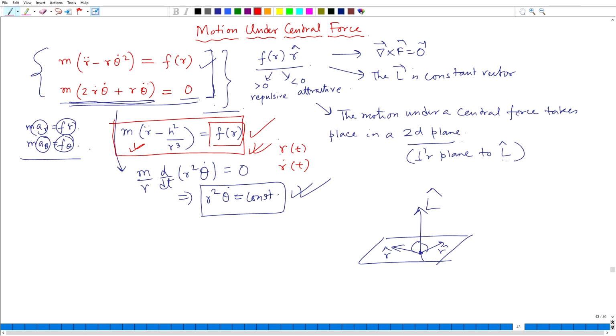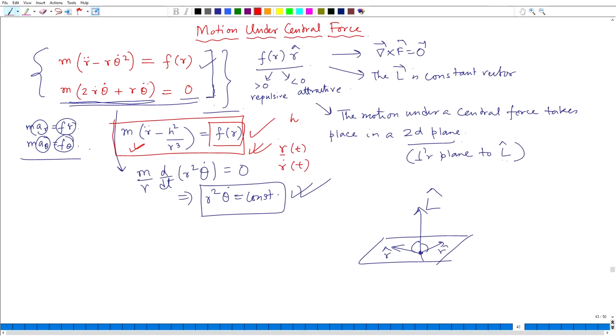Once you know r, and since h is a constant of motion, you can determine it from the initial conditions, which you should never forget. The initial condition will give you h, and from that, if you know r, you will have theta dot, and once you know theta dot you can calculate theta by integrating, as a function of t.